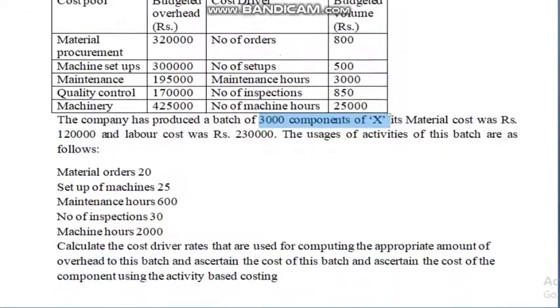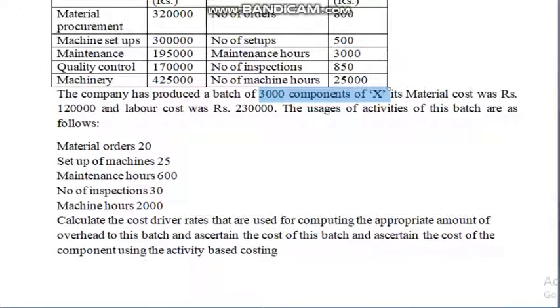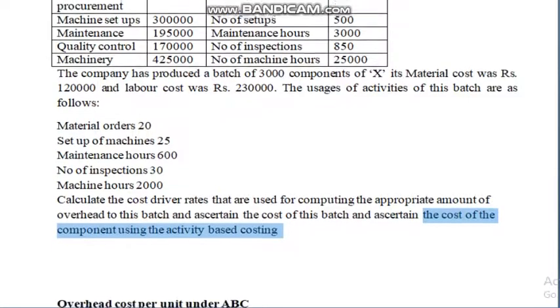Now here we have to calculate first the cost driver rates and then the cost of this batch, and also ascertain the cost of the component, nothing but the total cost of the product and the cost per unit, by using activity based costing. So first calculate activity driver rates.